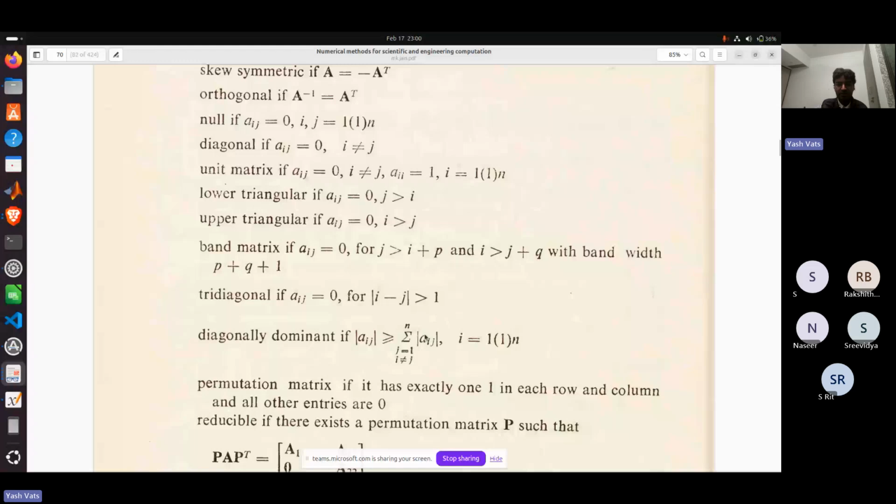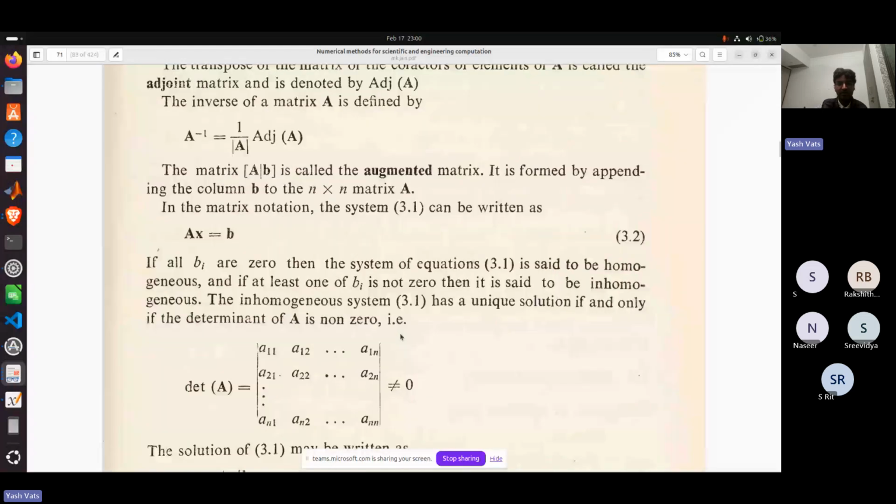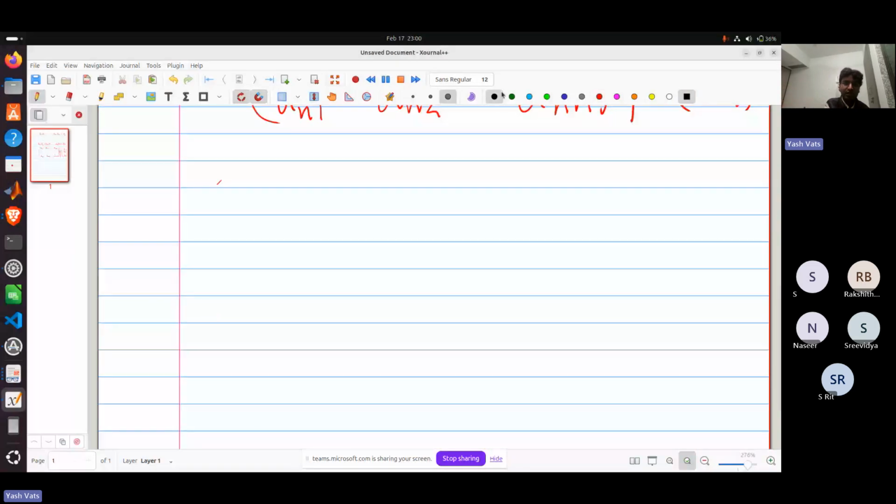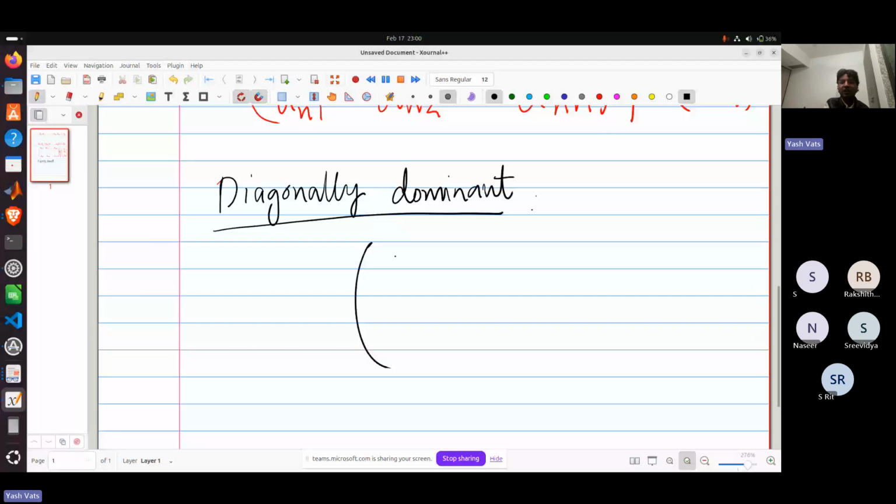For example, if I have 1, 5, 6, 2, 4, 3, and 2, 1, 1, is this matrix diagonally dominant?